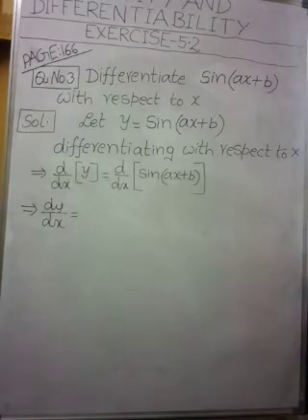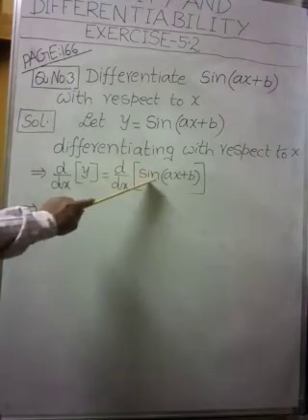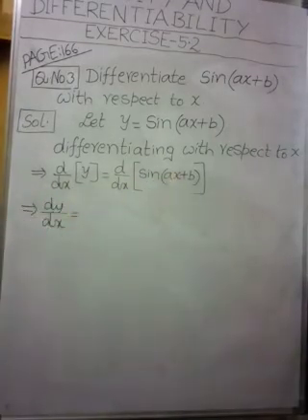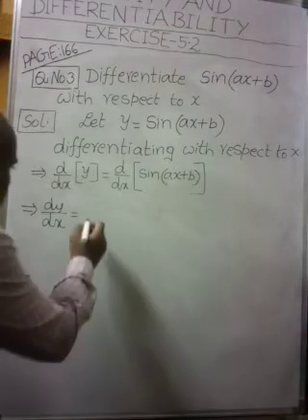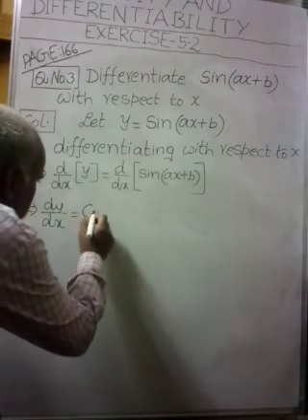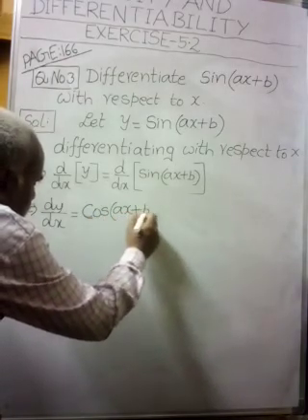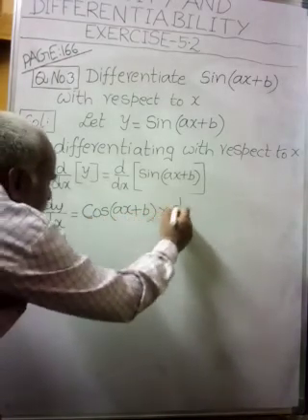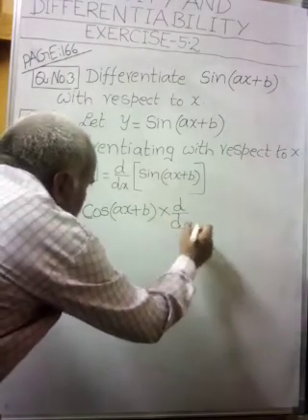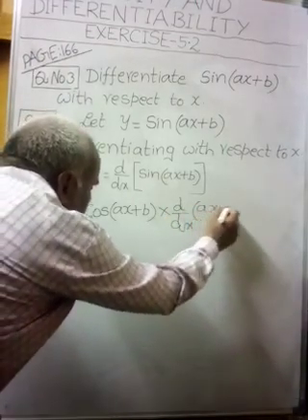So d by dx of sin x, what is the formula? Cos x. So cos of ax plus b into d by dx of ax plus b.